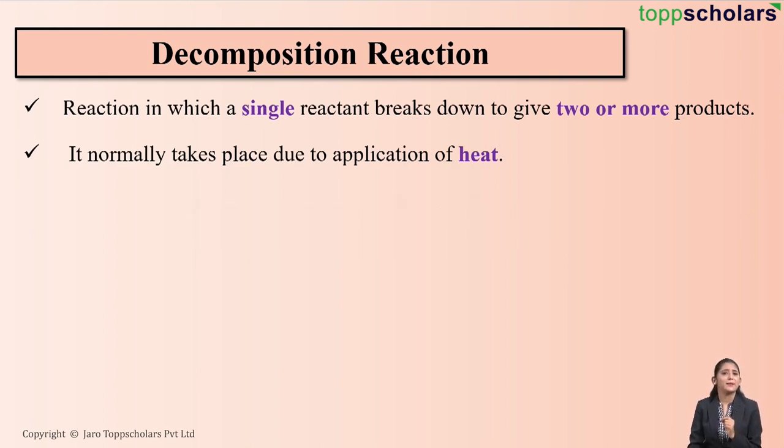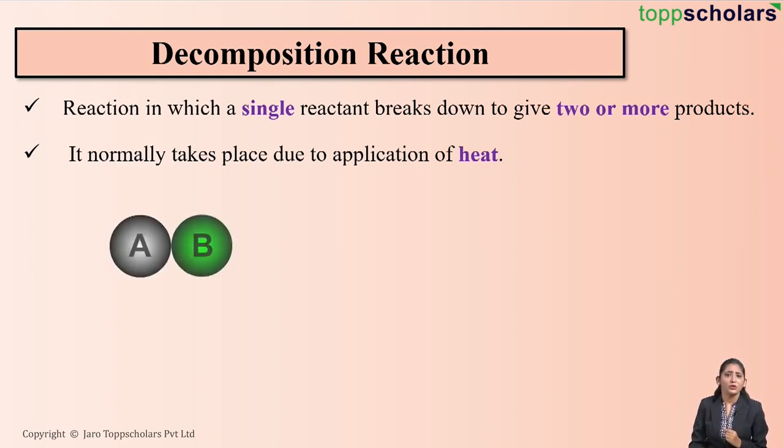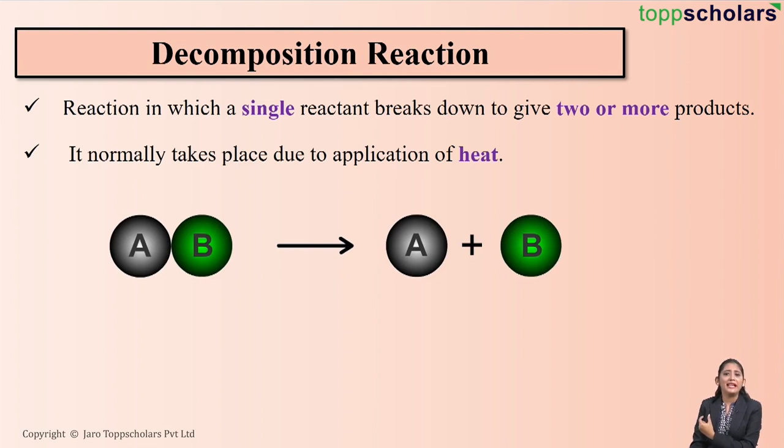Let's understand this by looking at the general reaction of a decomposition reaction, right? So here I have a compound AB which on heating decomposes to give me A and B. That is, a single reactant breaks down to give me two products, A and B. Let's have an example for this. So here I have lead nitrate.